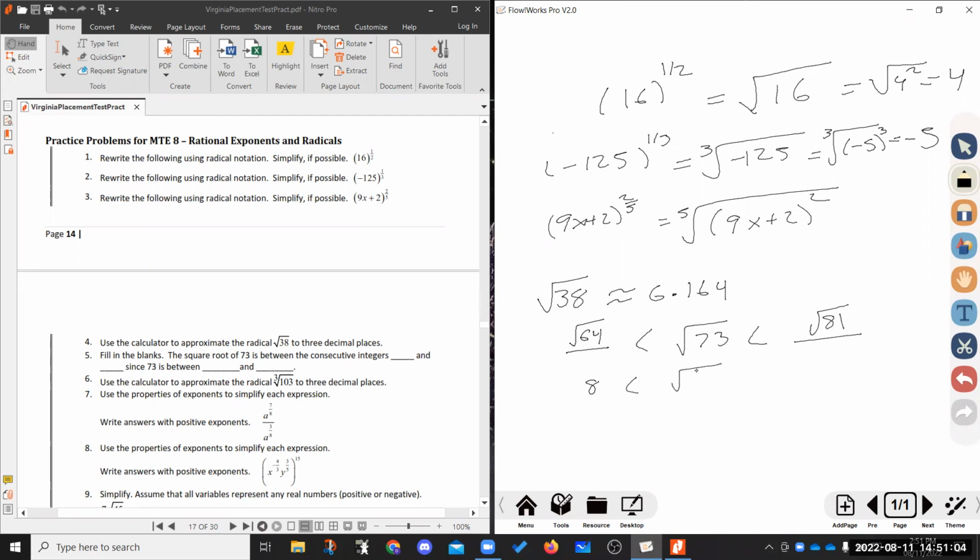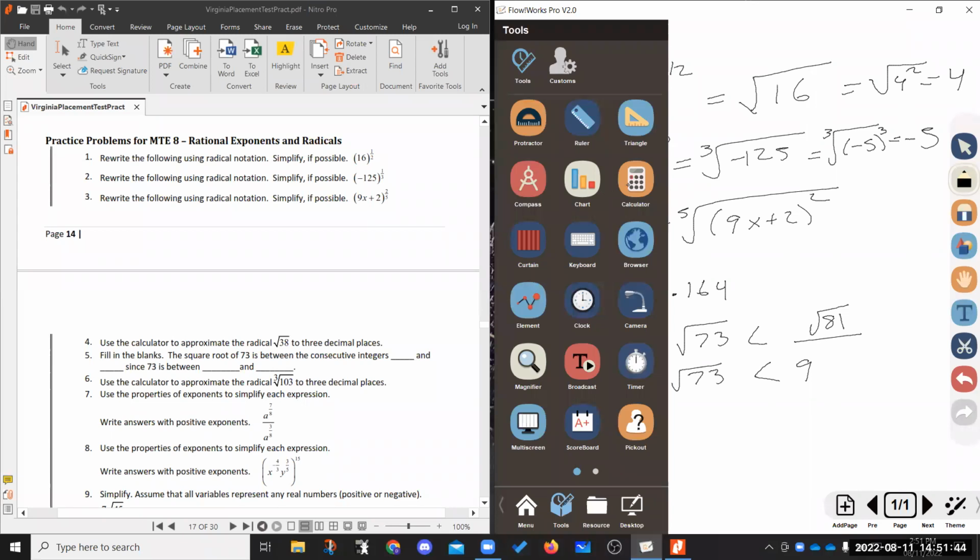So this is somewhere between 8 and 9. I can see that 73 is 9 away from 64, and it is only 8 away from 81. So it's pretty close to the middle, but a little closer to 9 than to 8. So it's probably like 8.55 or 8.6.